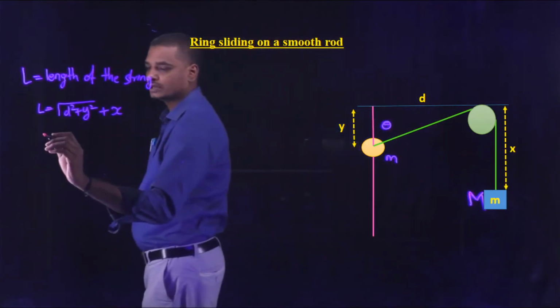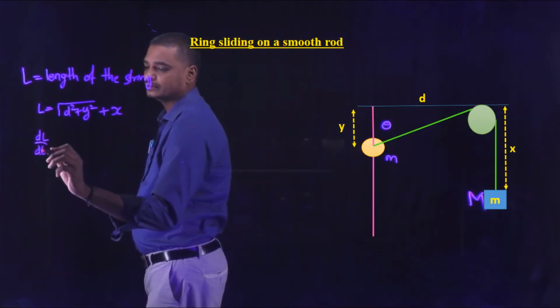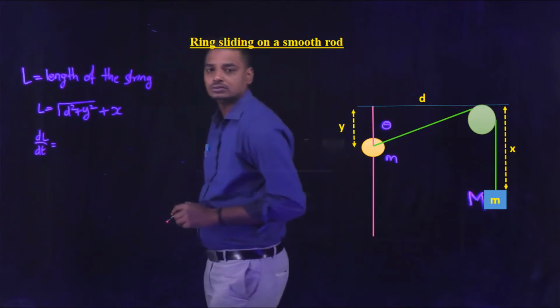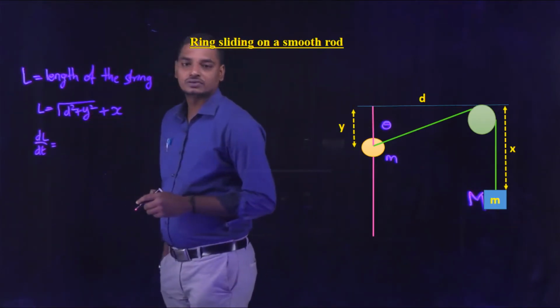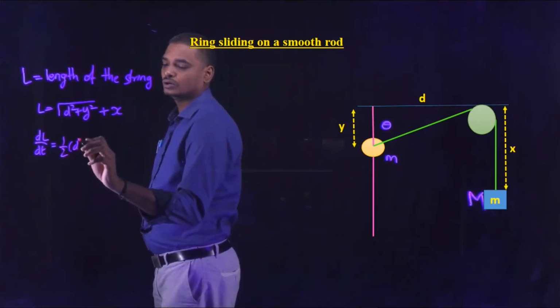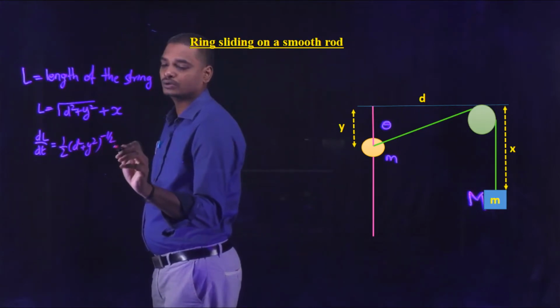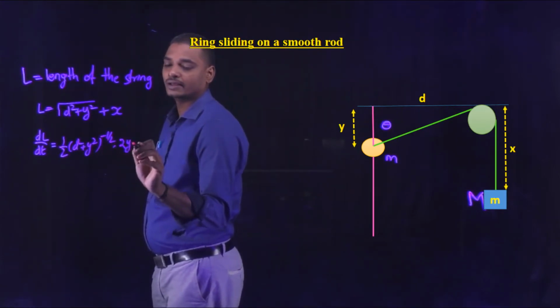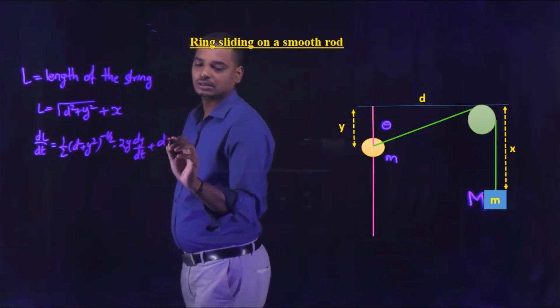So differentiating with respect to time, we get dL by dt is equal to 1 by 2 into (d square plus y square) whole power minus 1 by 2 into 2y into dy by dt, plus dx by dt.